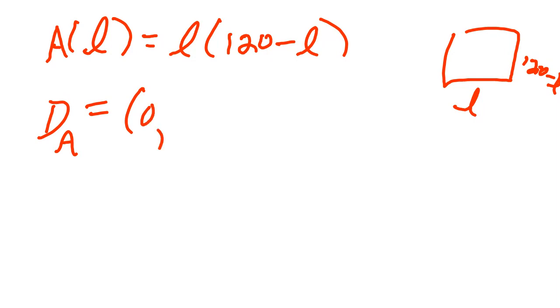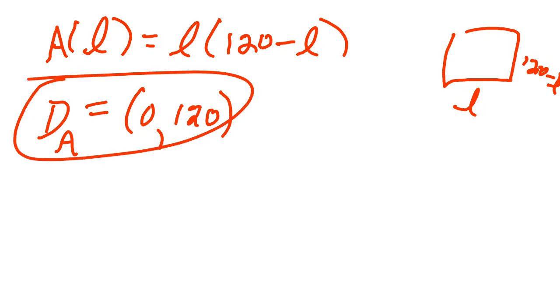And then how big could I go? Well, if I plug in like 60 or things like that, I'm fine. Anything up to 120, if I plug in 120, I get 0 for this part. And of course, I can't let it equal 0 because if the width equaled 0, I wouldn't have a rectangle either. So this is the domain.